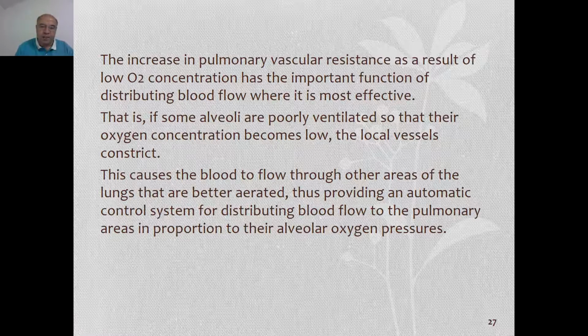This causes the blood to flow through other areas of the lungs that are better aerated, thus providing an automatic control system for distributing blood flow to the pulmonary areas in proportion to their alveolar oxygen pressures. It helps the blood to be oxygenated well. It prevents arteriovenous shunt.